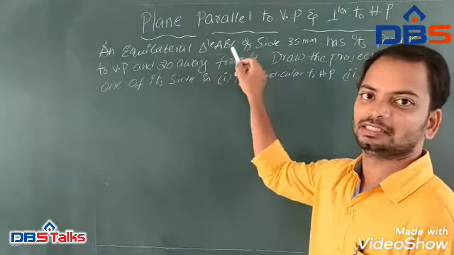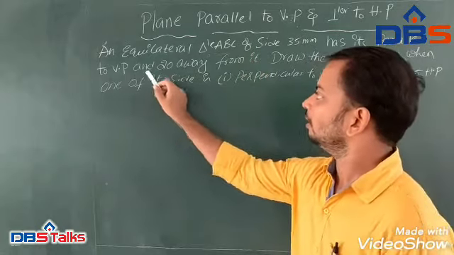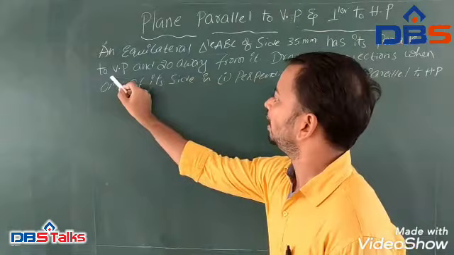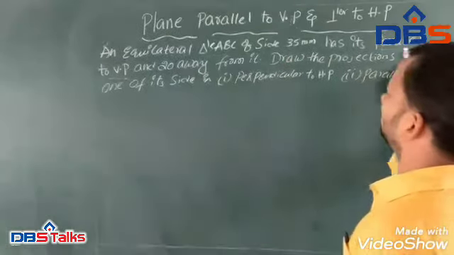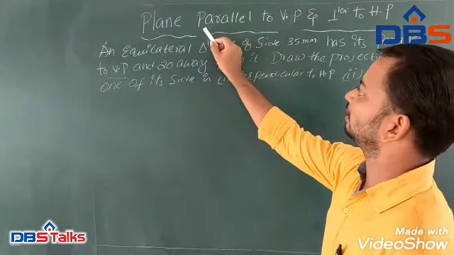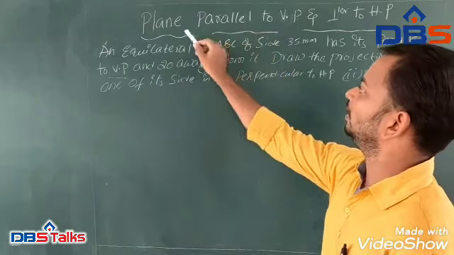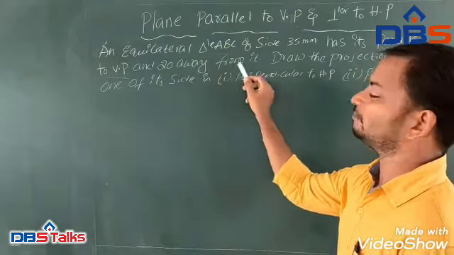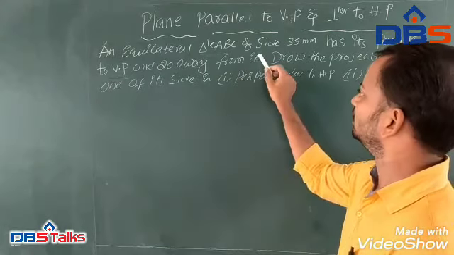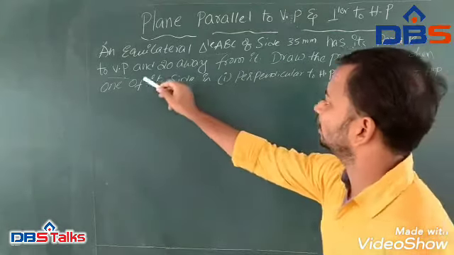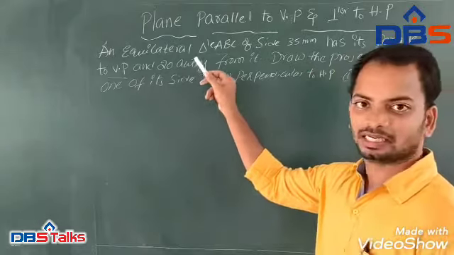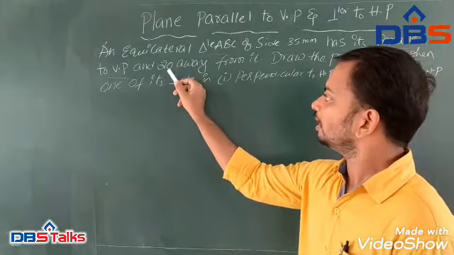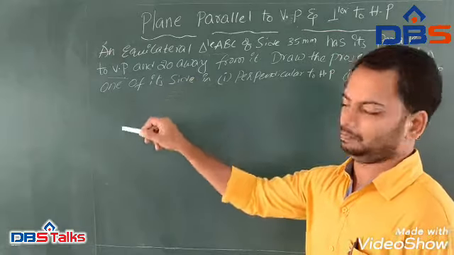The entire plane is parallel to VP and 20 mm away from it. Here we are solving the case of a plane parallel to VP. At the same time, 20 mm away from it means away from the vertical plane, that is, 20 mm in front of VP.